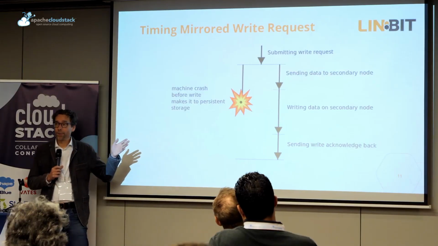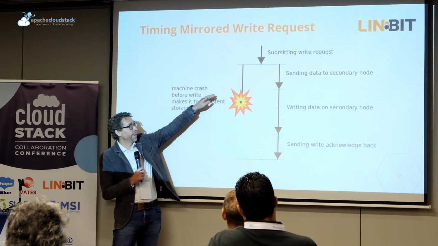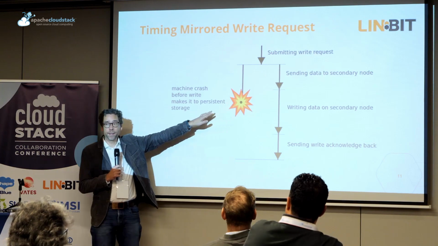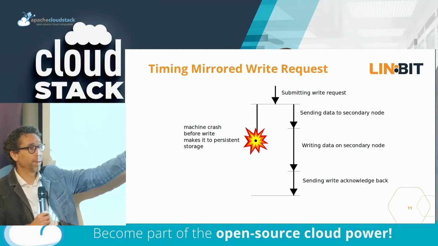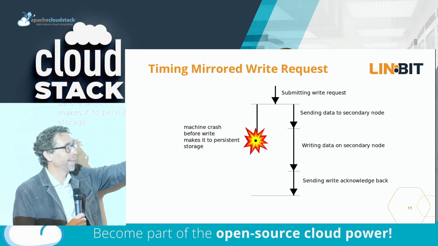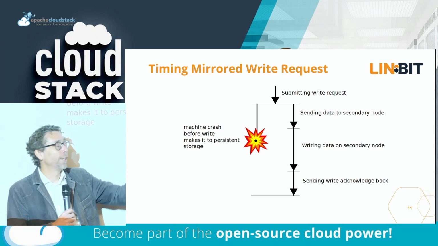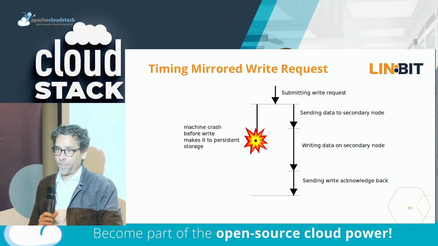What else can happen to our timing diagram? It can also happen that we are working on a write request. We send it to our local SSD, and we send it over the network. So it makes it over the network. It's traveling on the Ethernet, right? And while it is traveling there, the primary machine crashes.